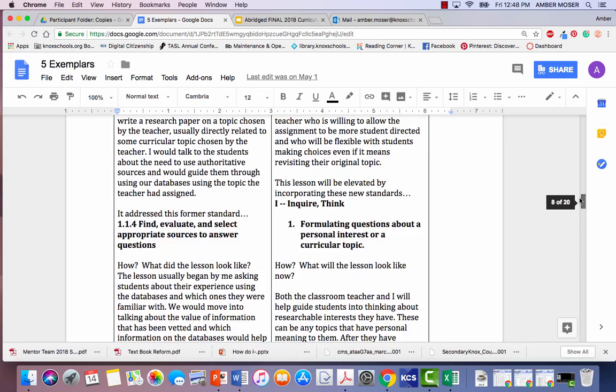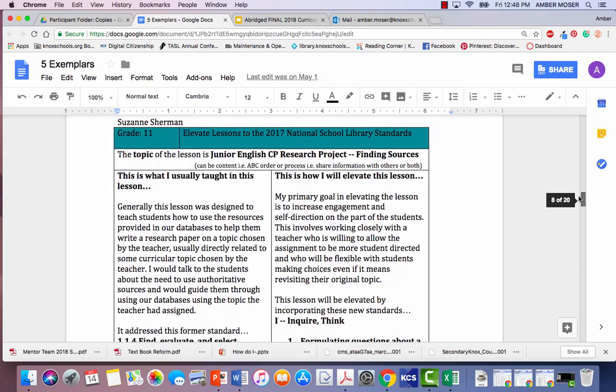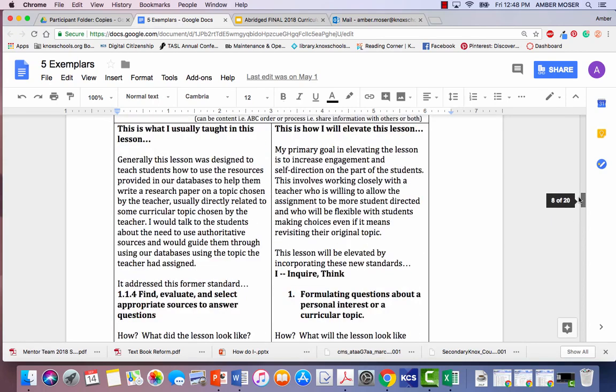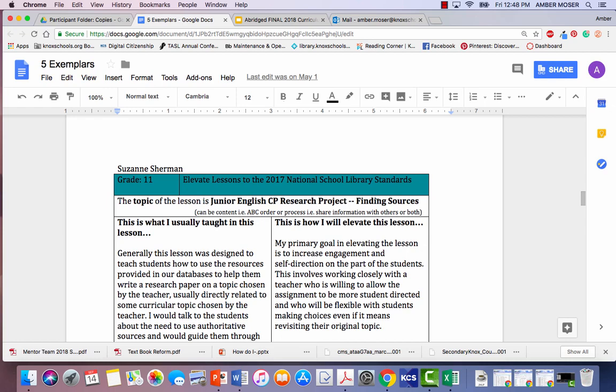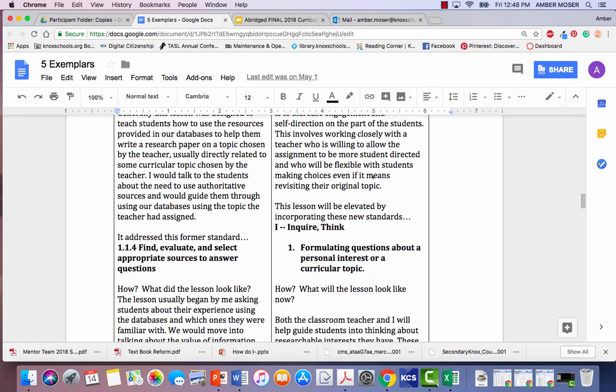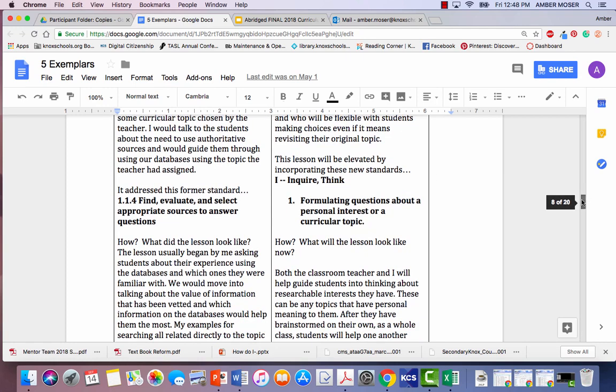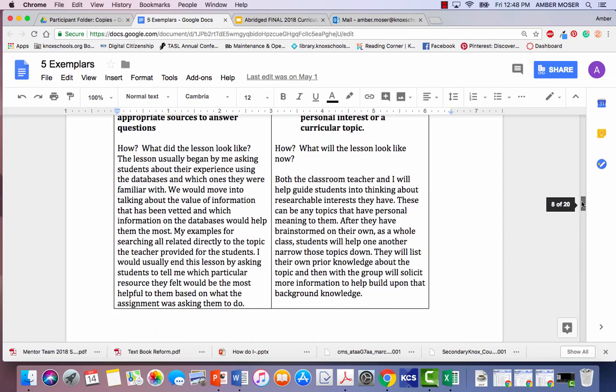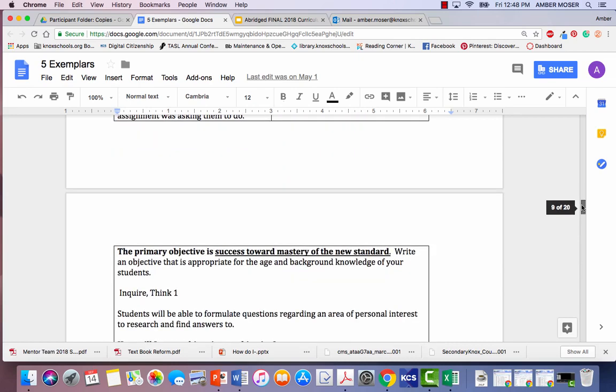Okay, so what she's doing, she's actually changed what her original lesson was all about. Initially, you could see that she was focused on finding sources. Now she's focused on finding an appropriate topic, which, as we all know, is the number one key to research success.